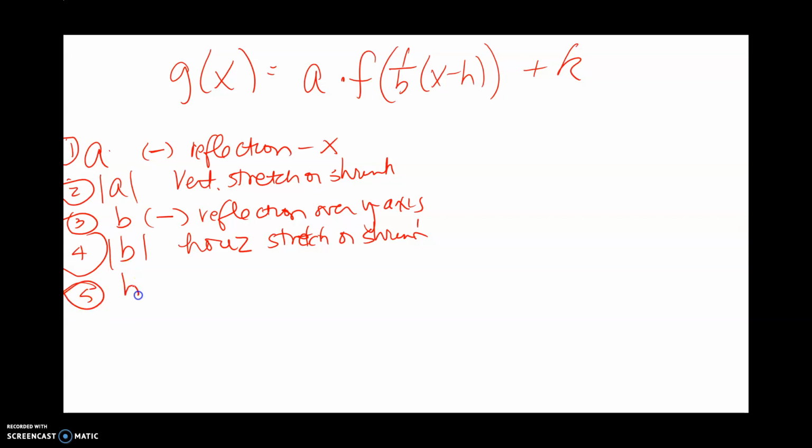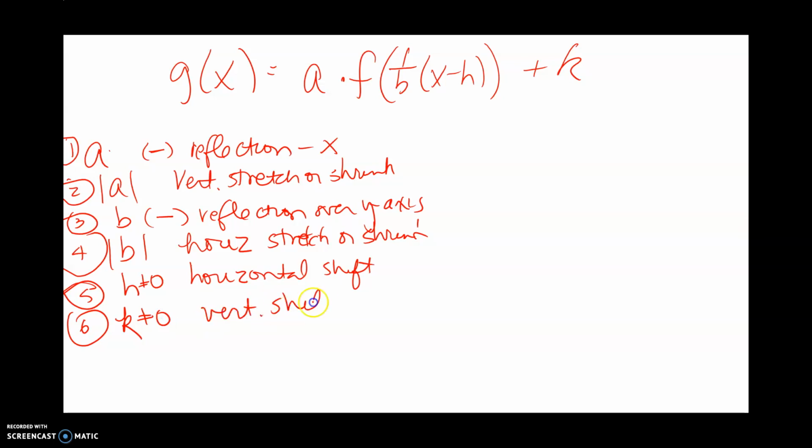Five said, what was h? h was a horizontal shift, right? Or movement. If h wasn't equal to 0, there was a horizontal shift. And 6 is if k wasn't equal to 0, there was a vertical shift of that parent. Right? So these are the things we talked about.